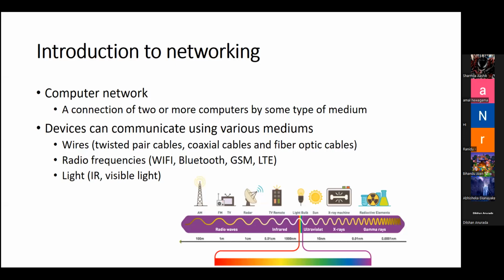So I think the first thing we need to look at is an introduction to networking and what exactly a network is. A computer network is a connection of two or more computers connected to each other and communicating with each other by a common medium. A network doesn't necessarily have to be made of computers.